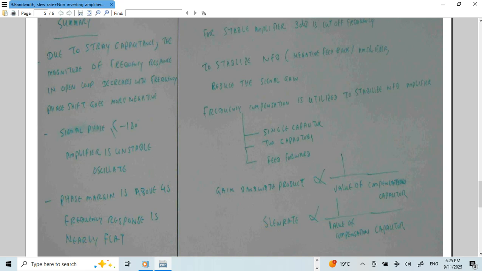The gain bandwidth product is inversely proportional to the value of the compensation capacitor. Similarly, the slew rate is also inversely proportional to the value of the compensation capacitor. So those are the aspects.